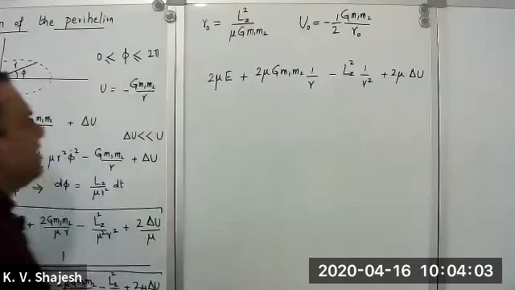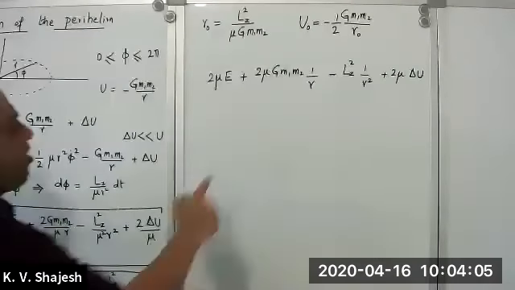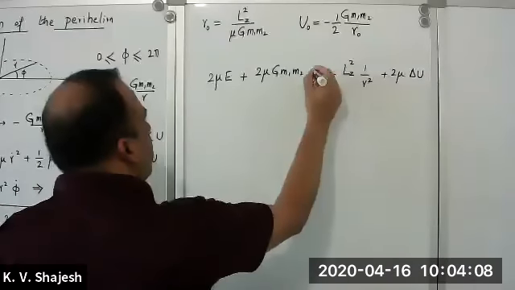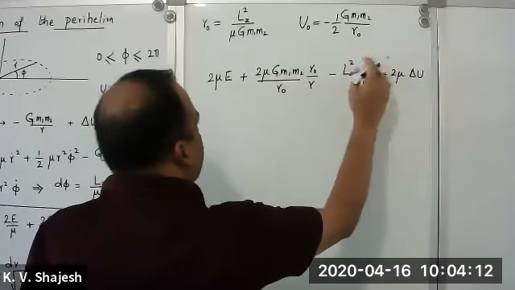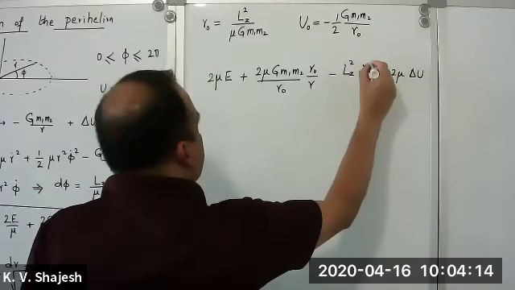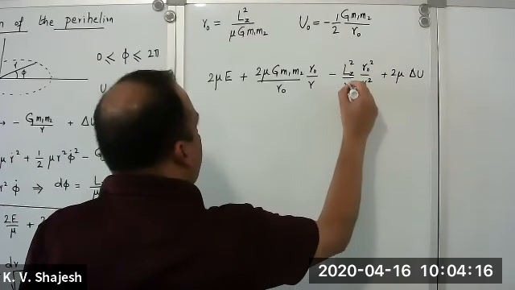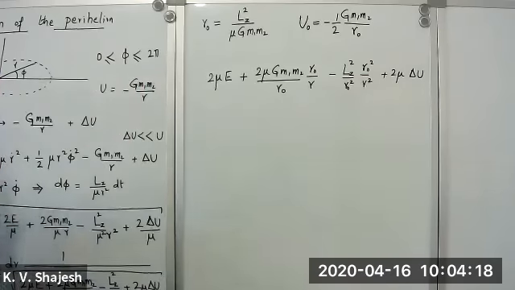Let me scale things around. So let me say this is R naught. I introduce an R naught here and an R naught there, and an R naught square there and an R naught square in the denominator here.